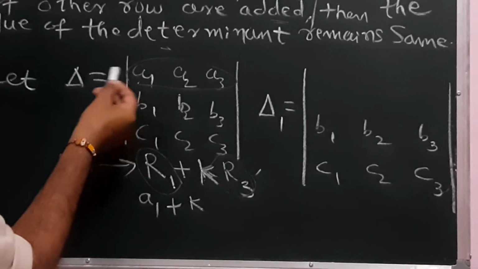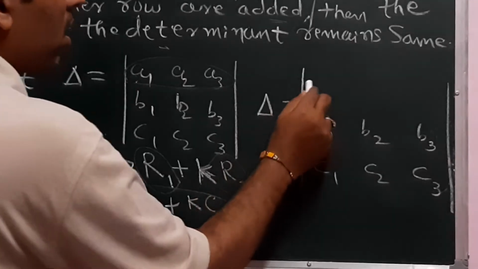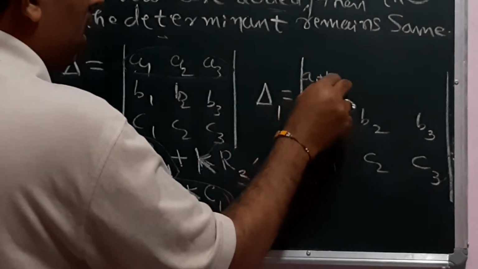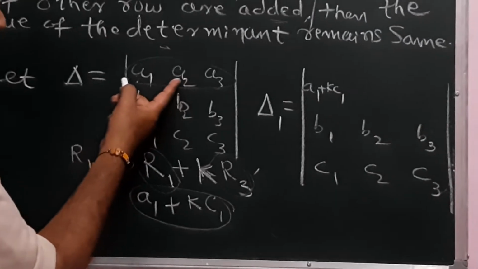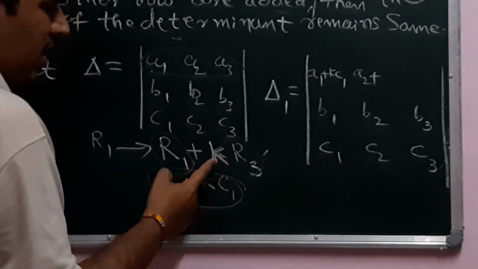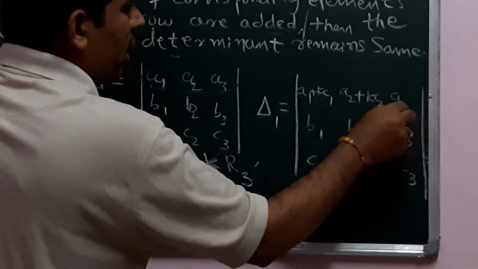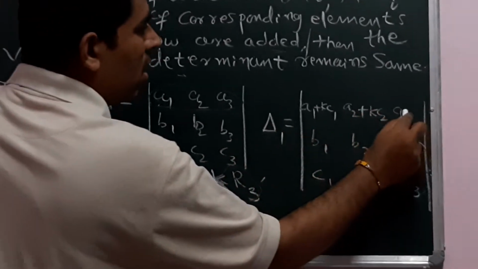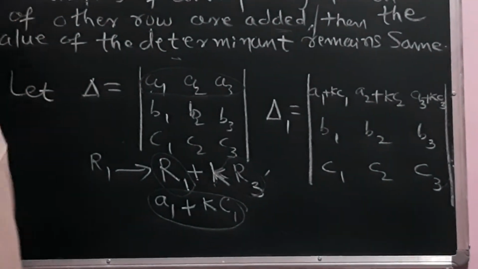The corresponding element for A1 in the third row is C1, that is kC1. So the first element will be A1 plus kC1. Similarly, the second element, the corresponding element is C2, so that is A2 plus kC2. Then the last element is A3 plus kC3.